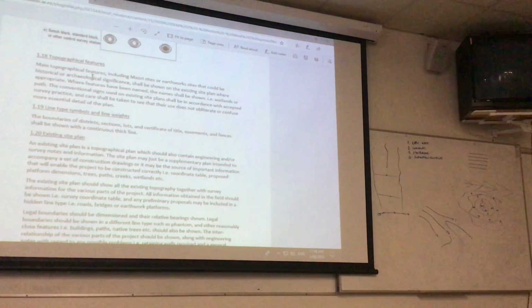You can use your contours to do your long section and your cross sections, etc., and your earthworks calculations and everything else we're going to do. But there is a little proviso on that. If you've really stuffed it up, then I may have to give you some sort of model answer to work with to do your next stage.